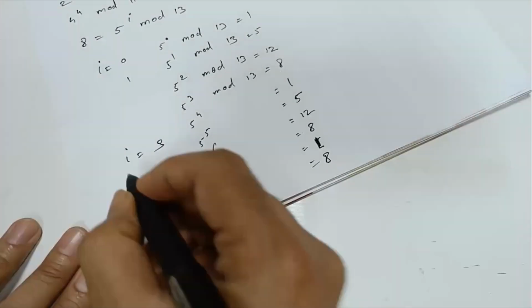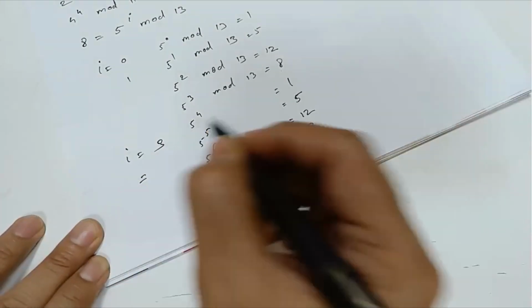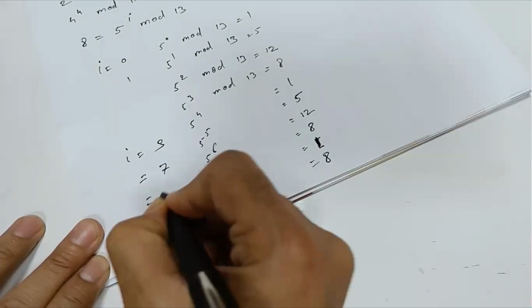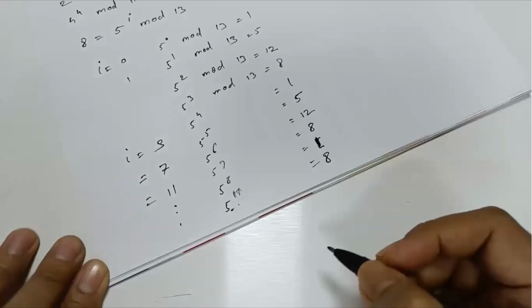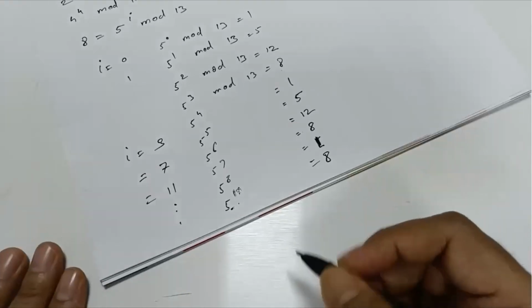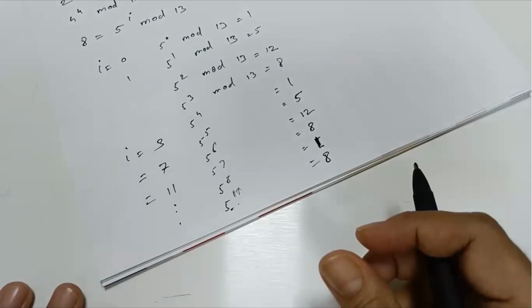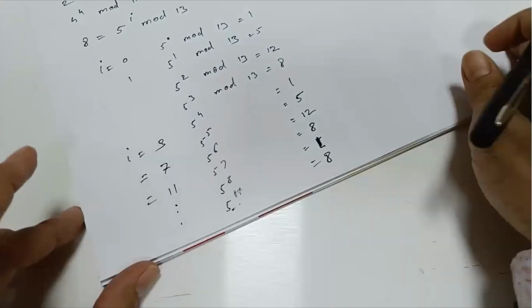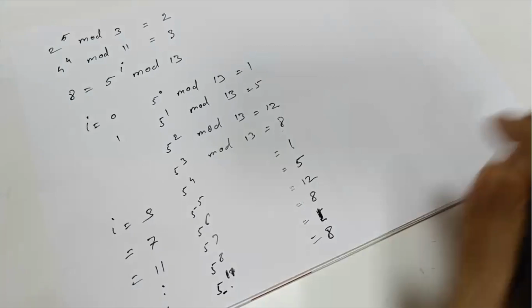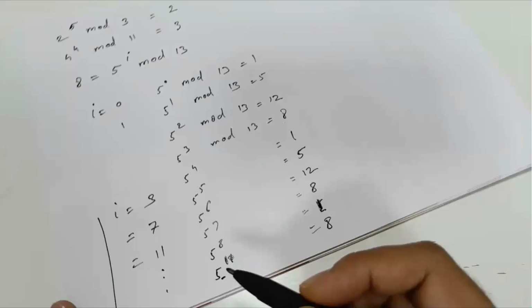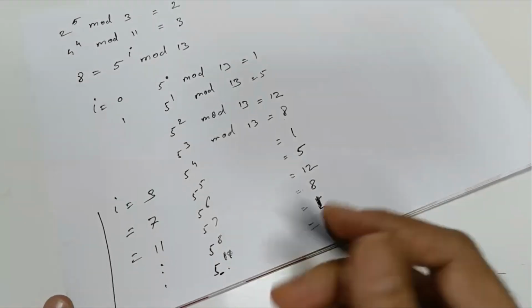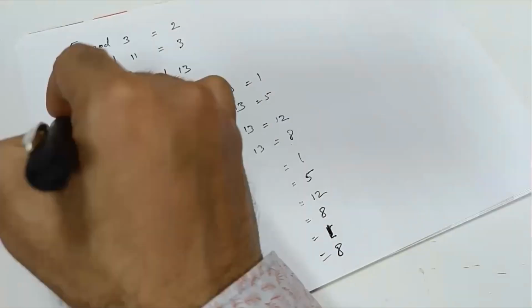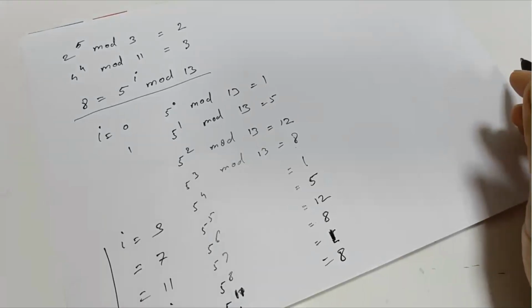Okay, so how many I values are you getting? You're getting multiple I values here. And if you're getting multiple values of I, you can't actually use the discrete log in cryptography.